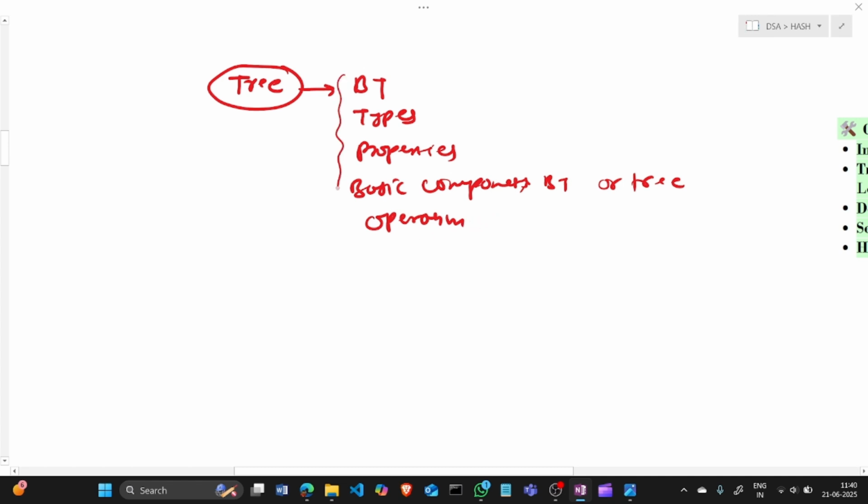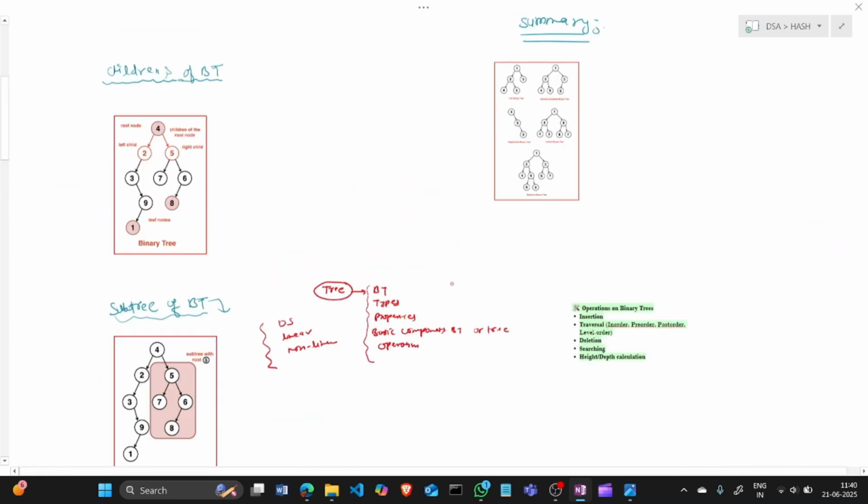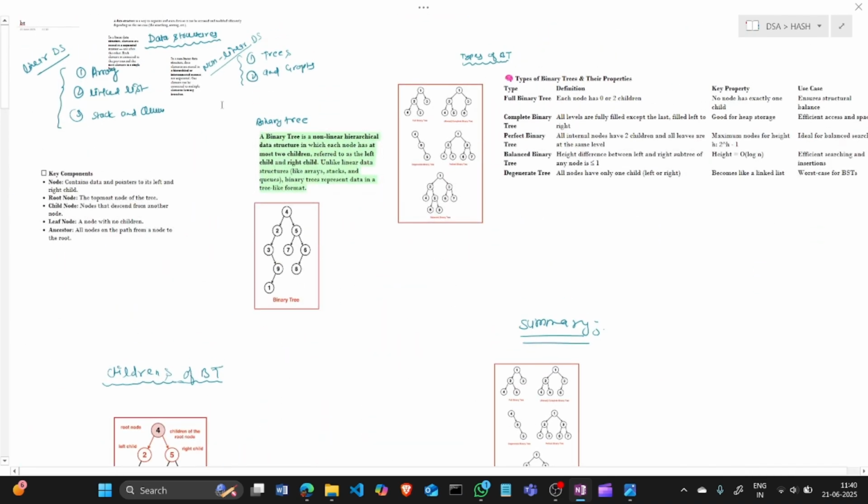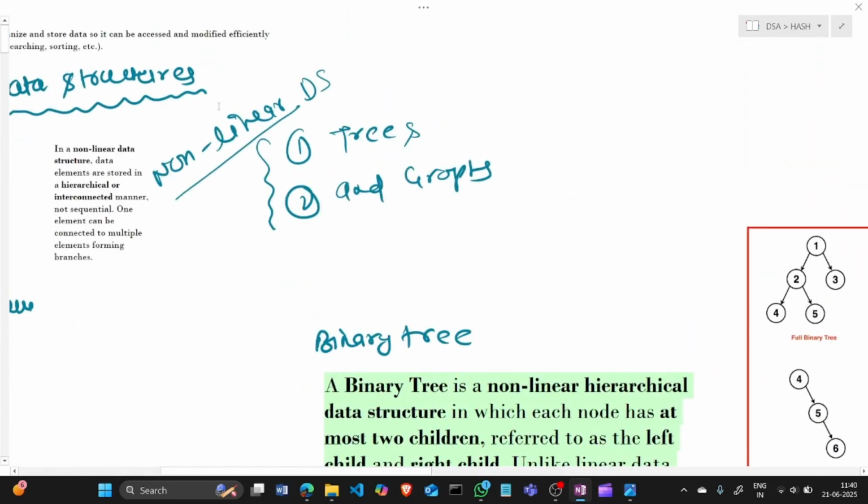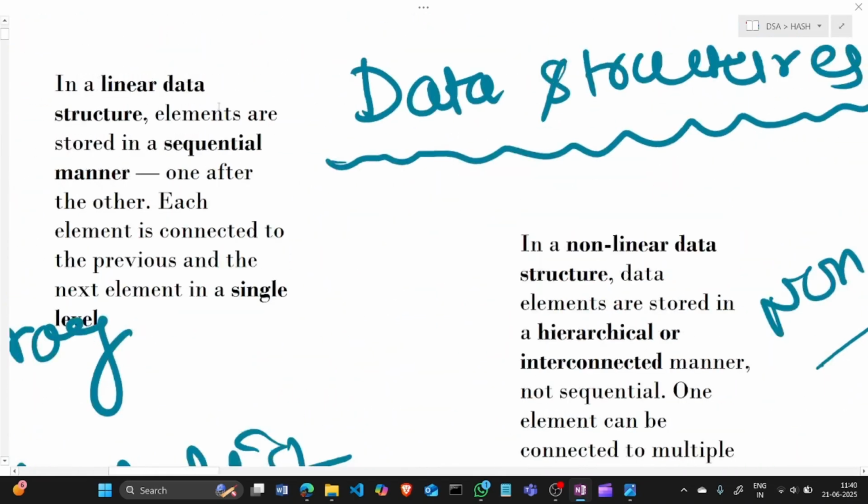So these things we will cover, and we will also cover what is a data structure and the linear and non-linear data structures. Okay, so let's start.